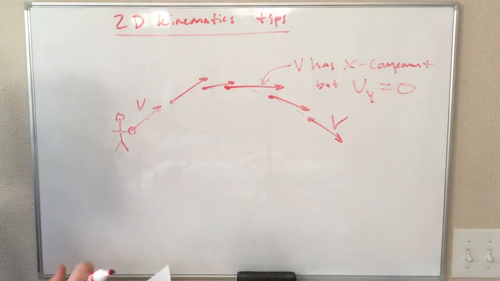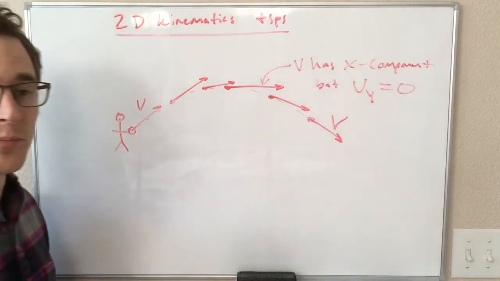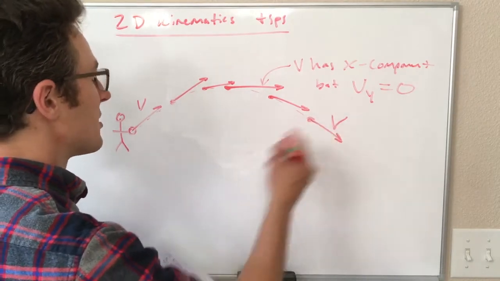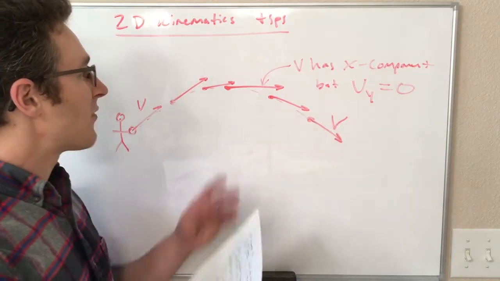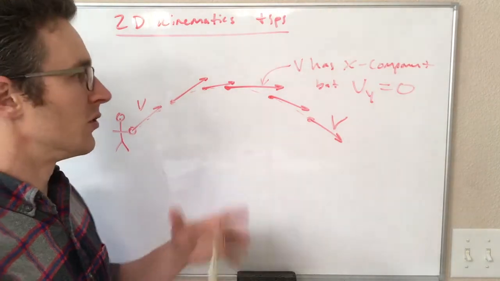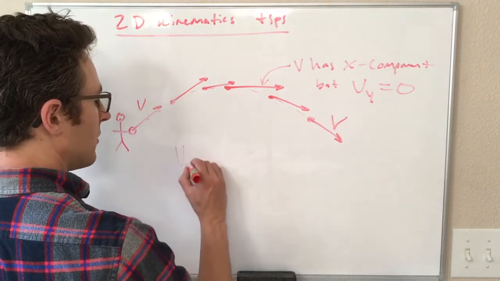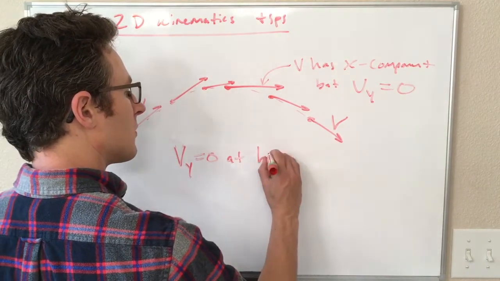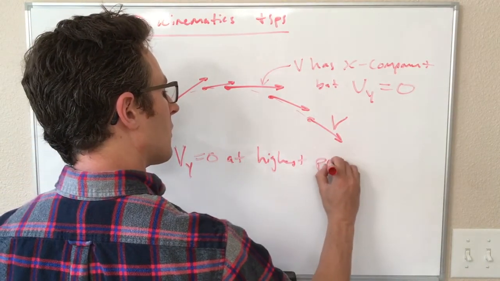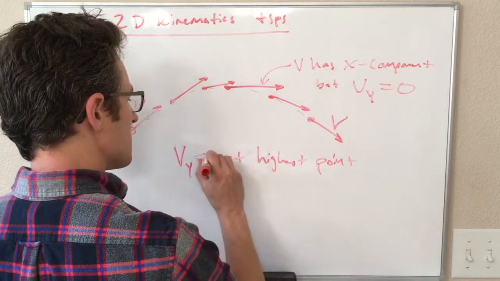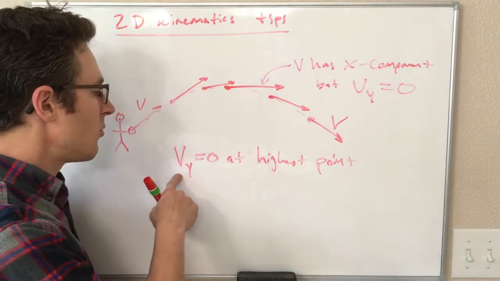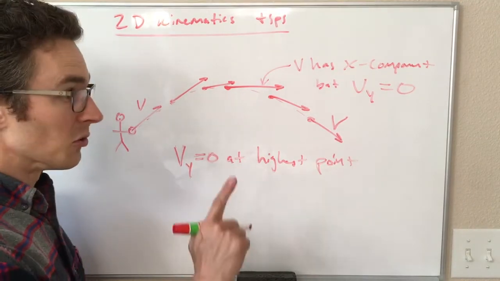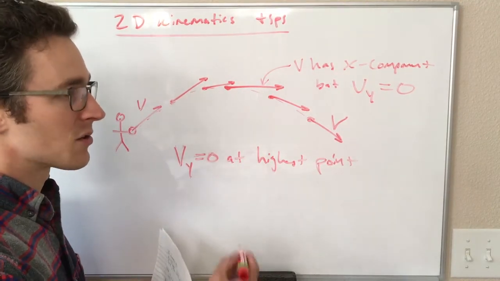In general, this is true for 2D motion, but to sum this up in a sentence: at the highest point of an object's motion, Vy equals 0. My simple explanation of why this is: if Vy did not equal 0 at the highest point, it wouldn't be the highest point. It's still moving up, and so a little bit later it's going to be a little bit higher.